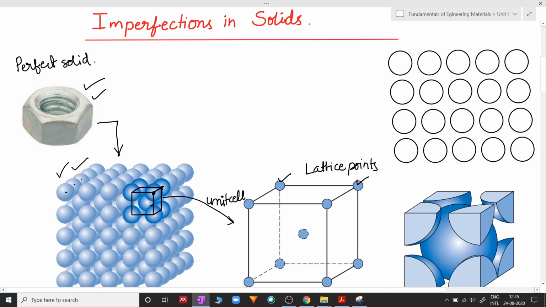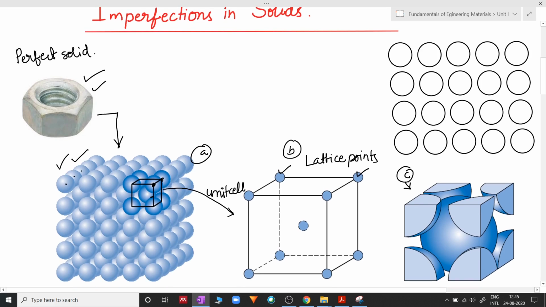Let us say this figure is A, this is B and this is C. In this figure you can see the atoms are placed at the lattice points. This is a lattice point, and this is an atom.